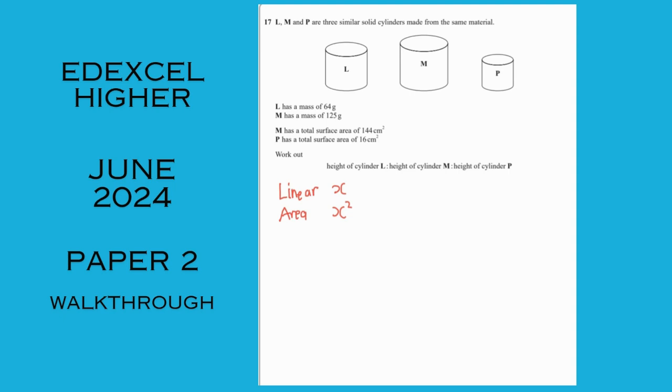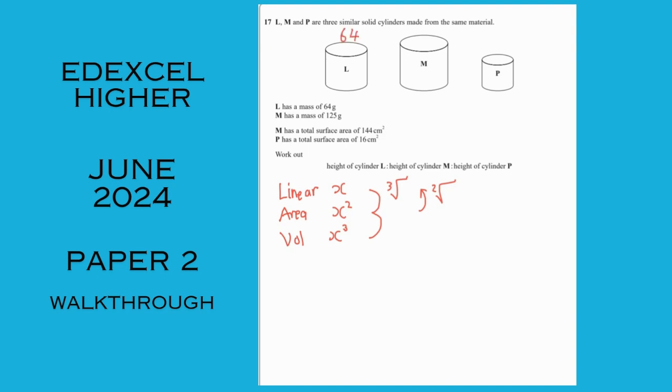So you get the square of the scale factor. And applying that to volume, length times length times length, you've got cubes. So if you want to work backwards, you're going to have to cube root and square root to get your linear scale factor. And in this case, linear means height.